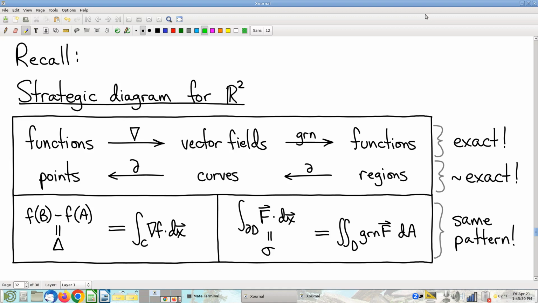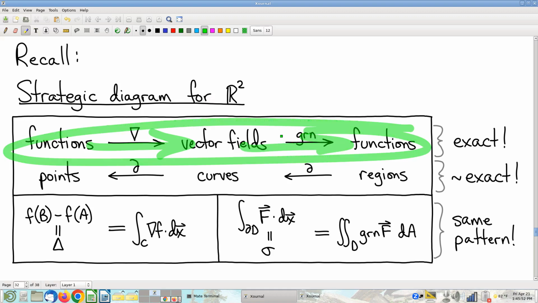We've seen this before, what I call the strategic diagram for R2. There are these different theorems in two dimensions: the fundamental theorem of line integrals and Green's theorem. They seem pretty different, but they're related and connected. They're connected by virtue of the fact that the composition of their relevant operators is natural in a really unexpected way.